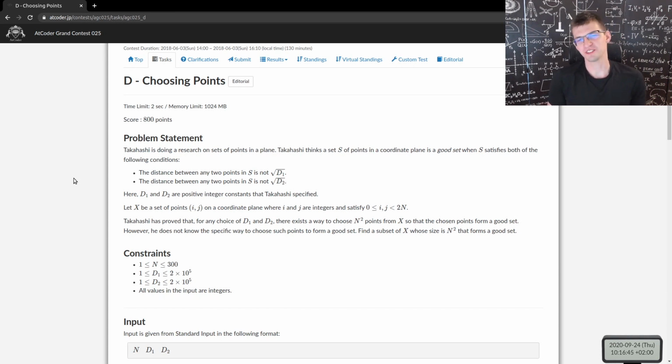If it was 2 years ago, then I'm quite sure I will not remember anything about the problem now. Good set. The distance between any 2 points is not square root of D1 and not square root of D2.